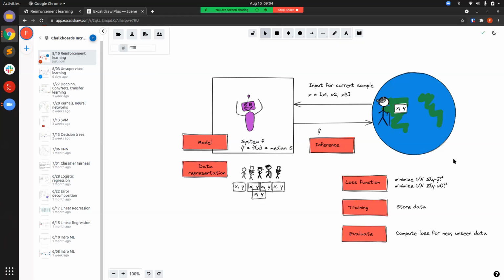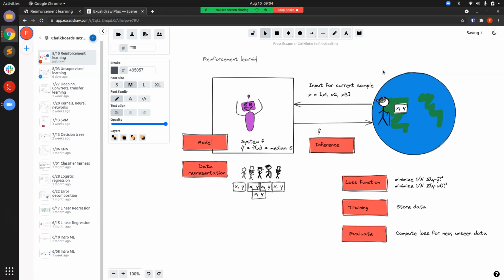And we said that for any supervised learning problem, we'll have some loss function that we're trying to minimize. We have some training procedure. And then we evaluate the performance of the model by computing the loss for the new unseen data. Now, with reinforcement learning, that's very different. Well, let's actually summarize here.